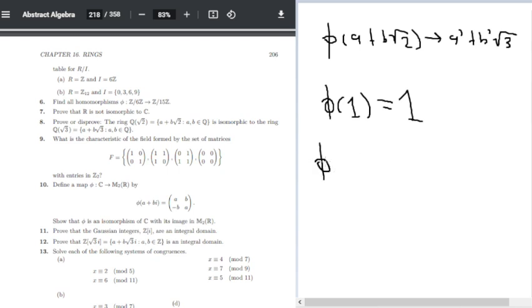So phi of a plus b square root of 2, because of this addition right here, is going to be phi of a plus phi of b square root of 2.